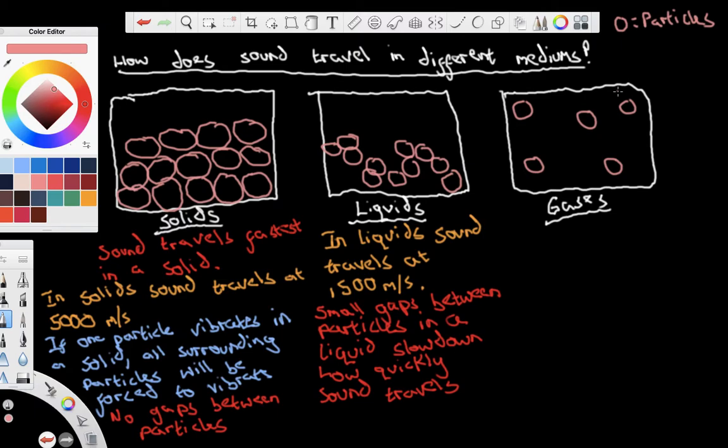They do transmit sound. That's why you can hear me talking at the moment, because my voice box is making particles in the air vibrate, which is being detected by my microphone. That's then causing vibration in your computer or iPad or whatever, which is then sending the sound to your ears. But it is very, very slow.